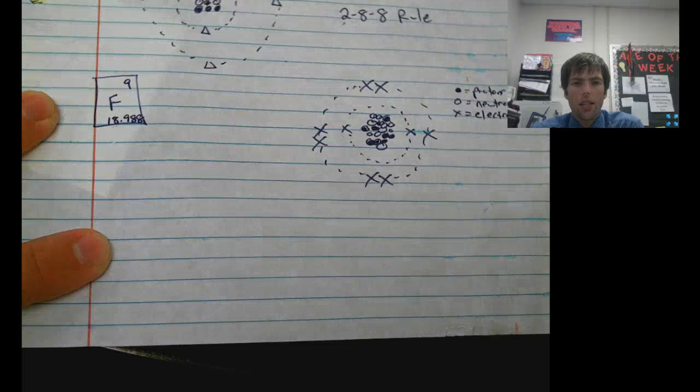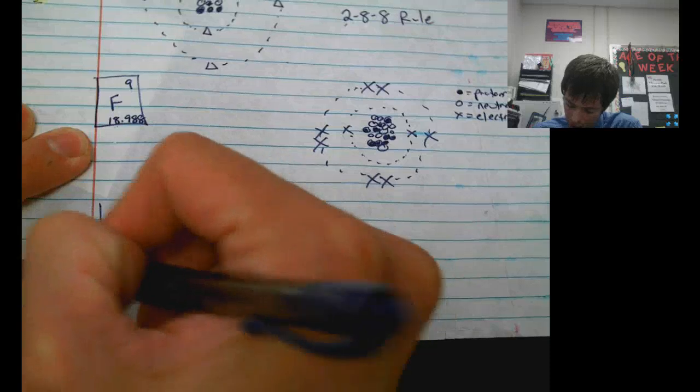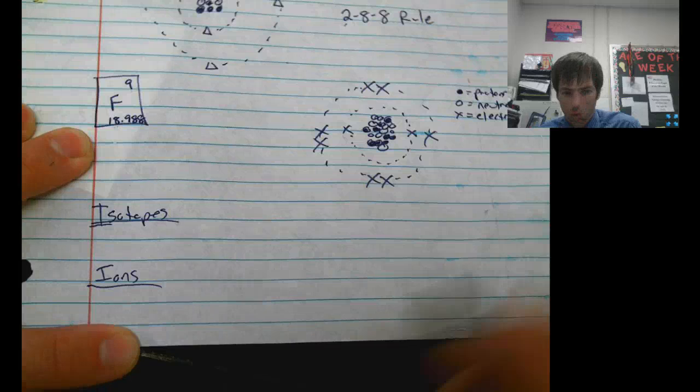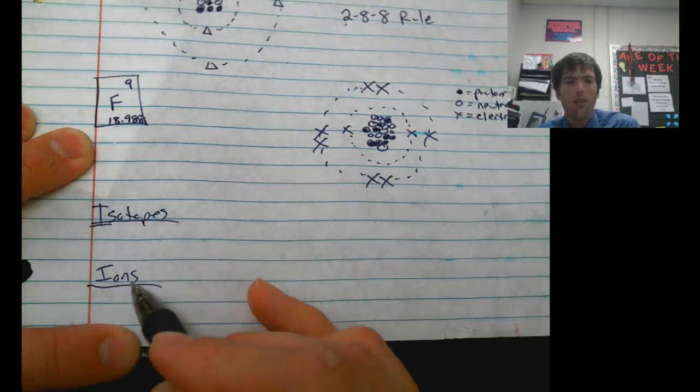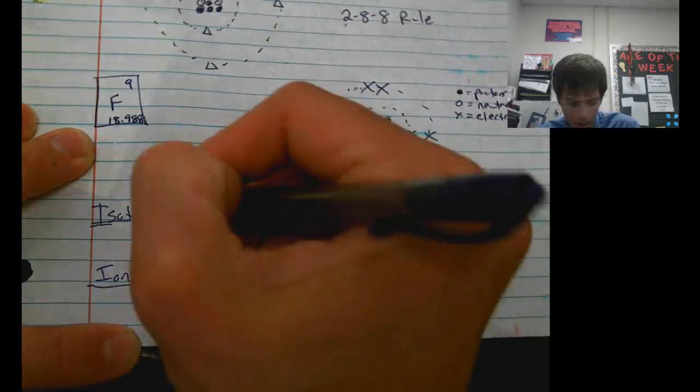One last thing, guys. I forgot to go over isotopes and ions with you. So write this down with me. We have isotopes and we have ions. All right. Now these words, isotopes and ions, they look very similar to each other, but they're quite a bit different. Let's start with isotopes.